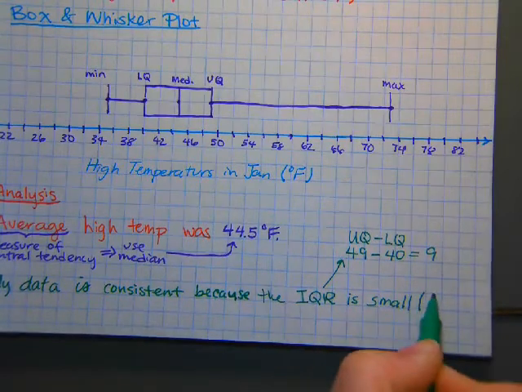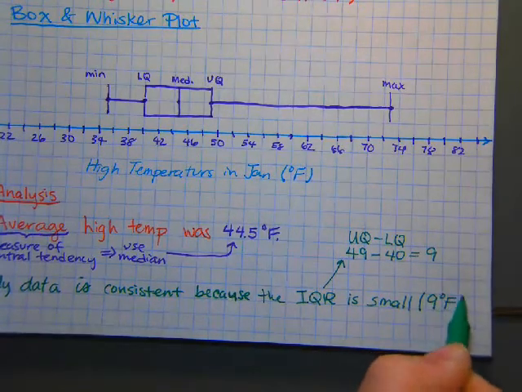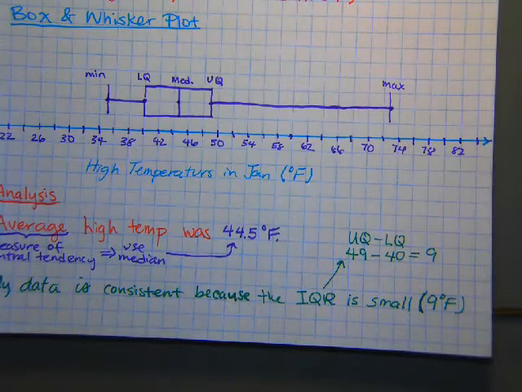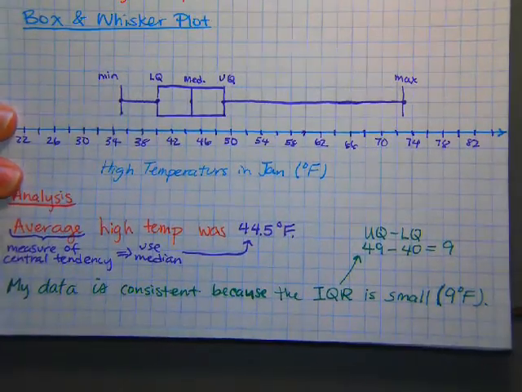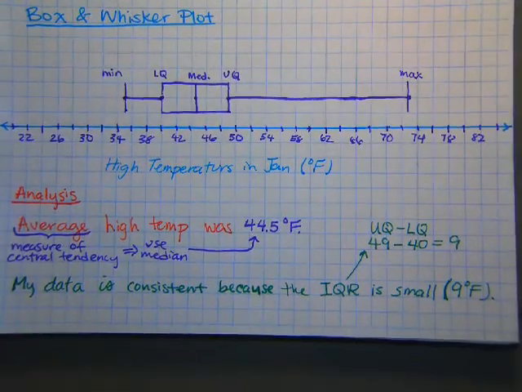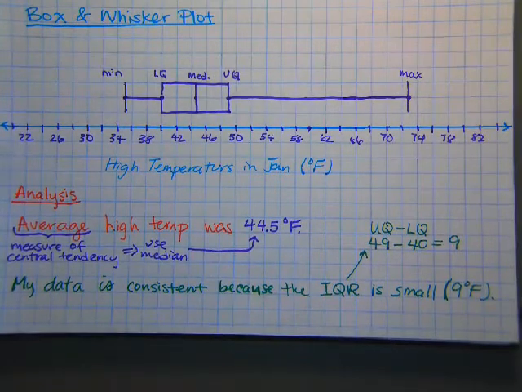And I could put that in here, because that means that my interquartile range only has a distance of 9 degrees apart, which is not very big.